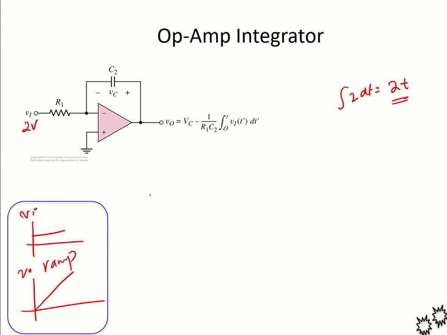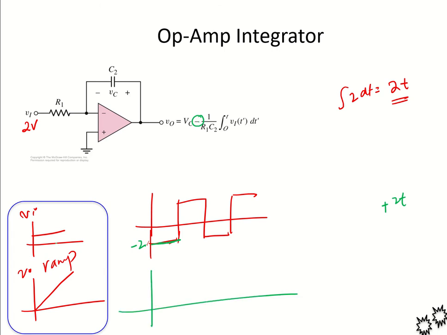Similarly, for example, if you are supplying a square wave at the input, let's say this is my square wave. For this negative cycle, for example minus 2, the integration will be minus 2t, and as we have the negative sign here, this minus 2t will become 2t.